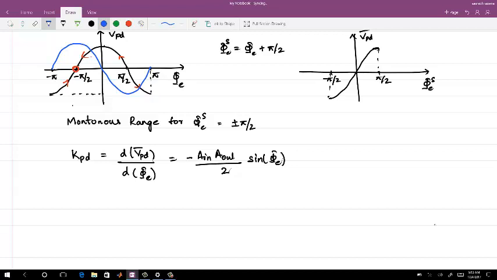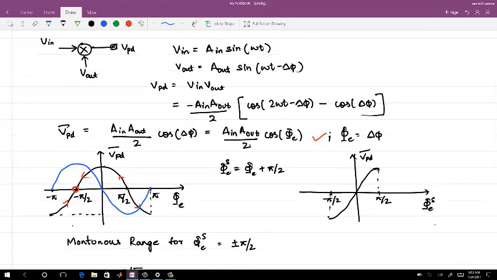Is there anything wrong here? I'm plotting it before the shift because this differentiation is here only.